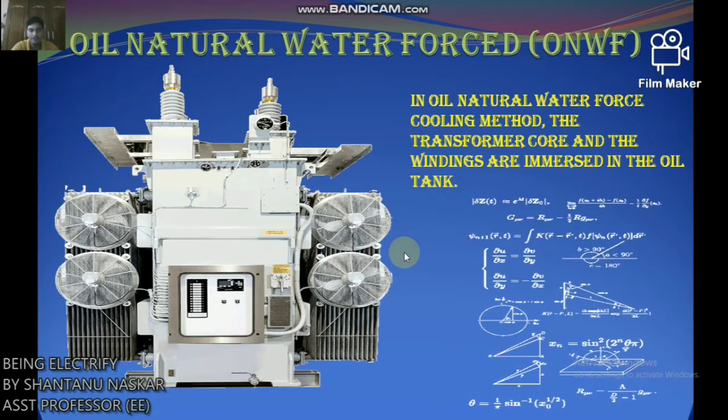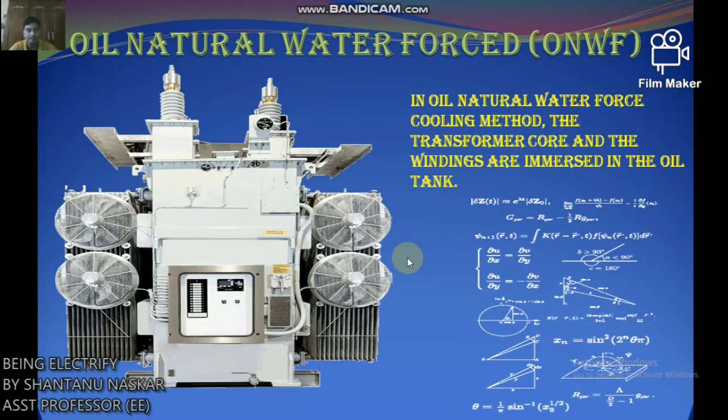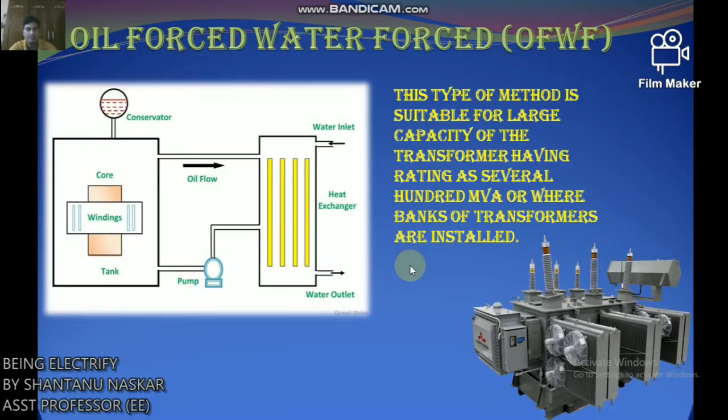Okay, so the last method is oil forced water forced, OFWF. In this method a heat exchanger is installed through which both oil and water are passed with the help of a pump. The level and pressure of the oil are always kept higher than that of water, so that if any leakage occurs in the system, the oil mixes with the water, but the water does not get mixed with the oil.